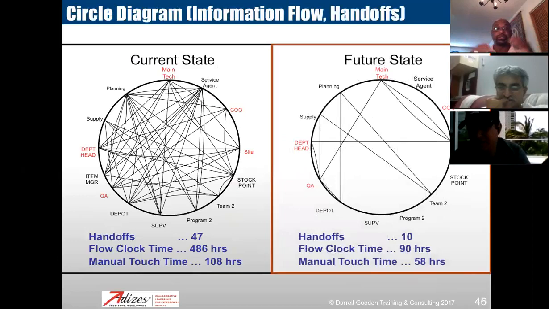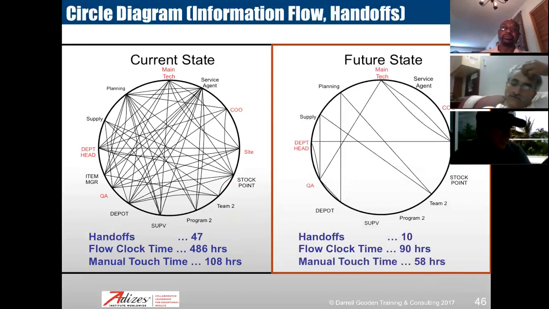Throughput time is another way of saying flow time. Throughput, flow, that's the total time. Total time in the original current state, 486 hours. We rethought this and thought of the bare minimum of goodness and quality to assure that things happen right. These are the only people who need to see that particular document. And this is a way of mapping information challenges in an office.